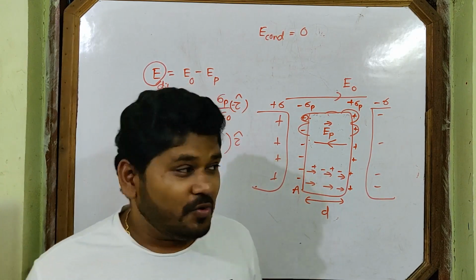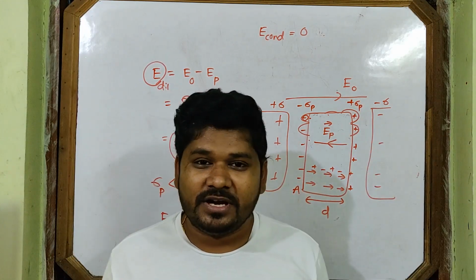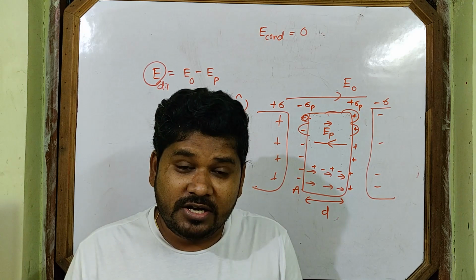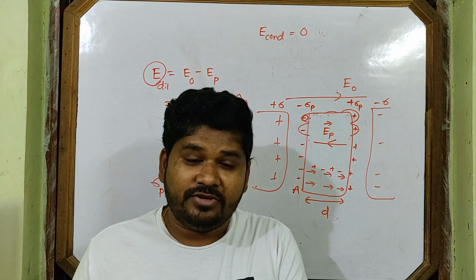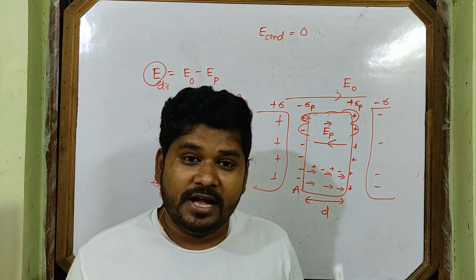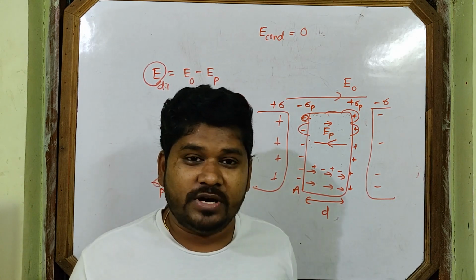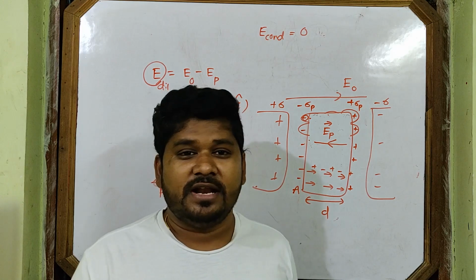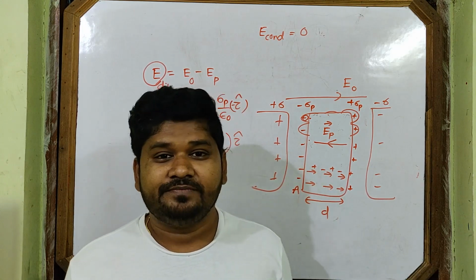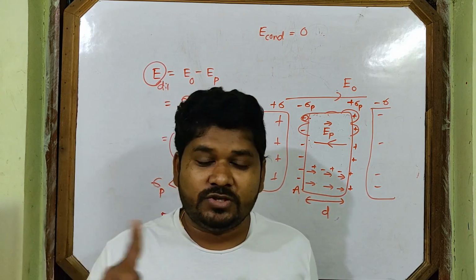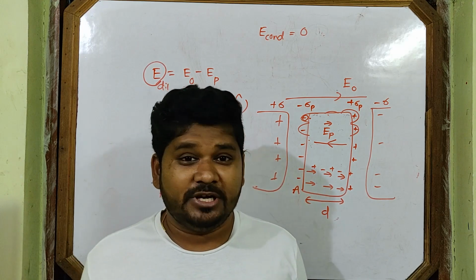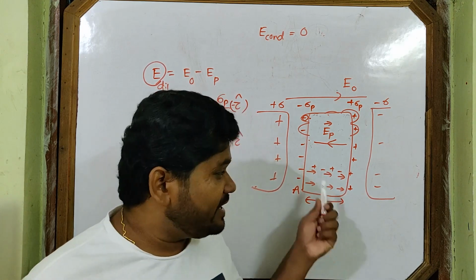What happened? When you apply an external electric field to a conductor, the conductor interacts rigorously with the external electric field and induces another electric field exactly equal in magnitude and opposite in direction to your external electric field, and the net electric field inside the conductor becomes 0. They cancel the external electric field totally, making the net electric field inside 0, because a conductor interacts rigorously, but a dielectric cannot.